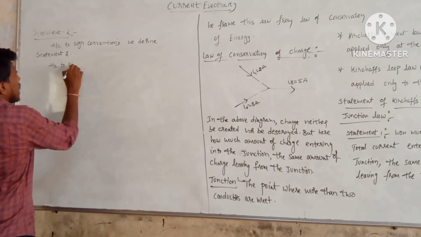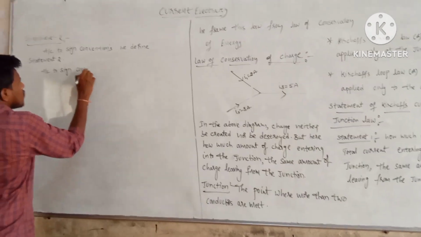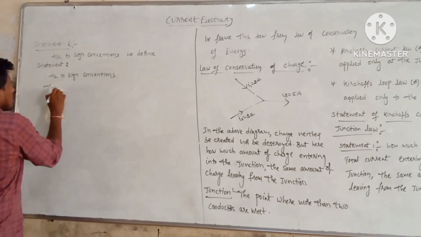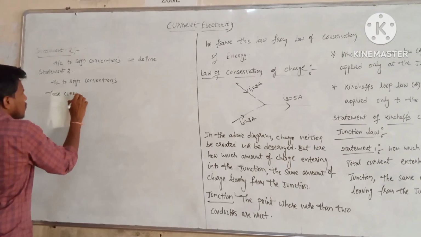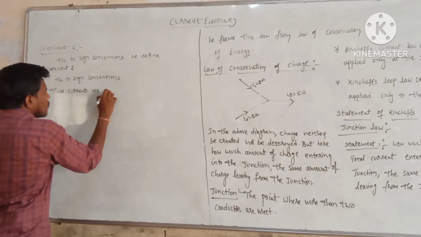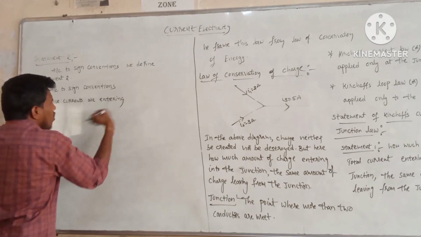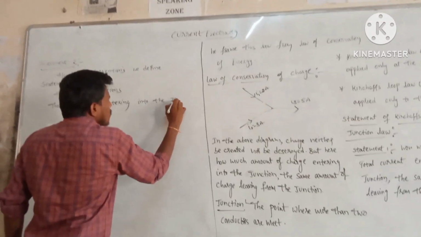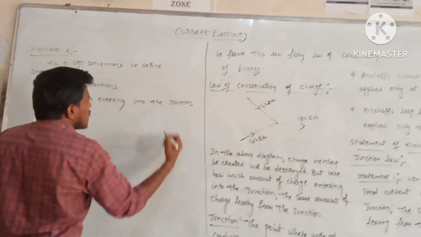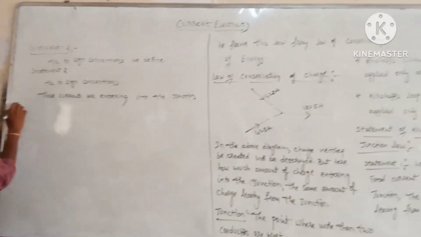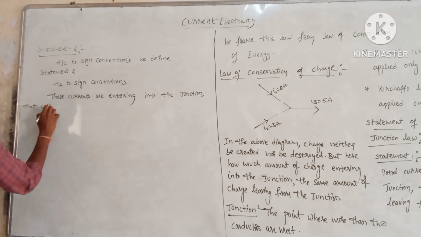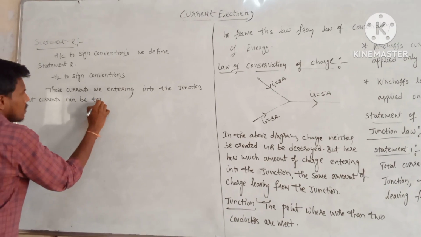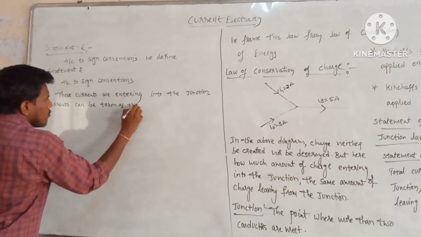So according to sign conventions, those currents which are entering into the junction, those currents can be taken as positive.